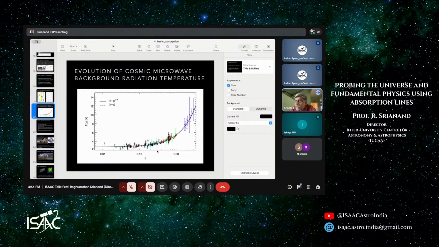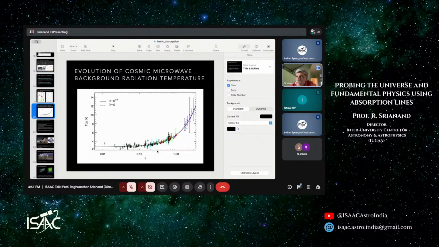Suppose you ask, is there any energy level in atoms or molecules that can interact with radiation of temperature 10 Kelvin, 20 Kelvin, 30 Kelvin, 40 Kelvin, at different temperatures? If you find such an atom, then since these atoms are going to be present in a radiation which is always there, they will have a problem keeping their electrons in the ground state, because whenever they try to keep the electrons in the ground state, the cosmic microwave background will push them to the first excited state.